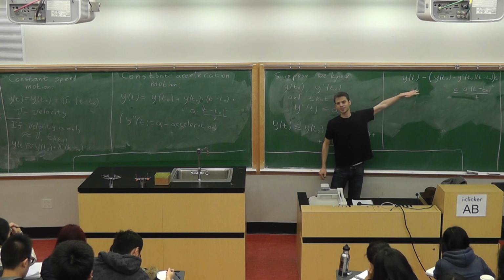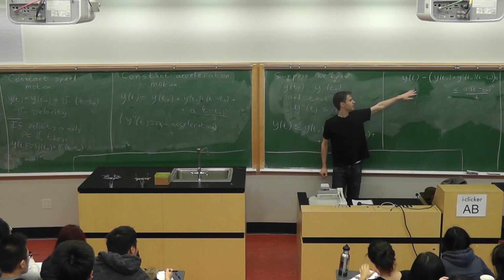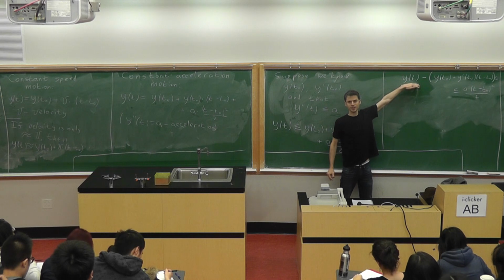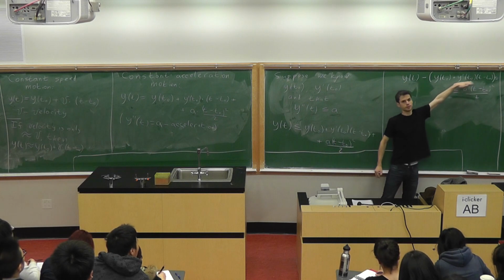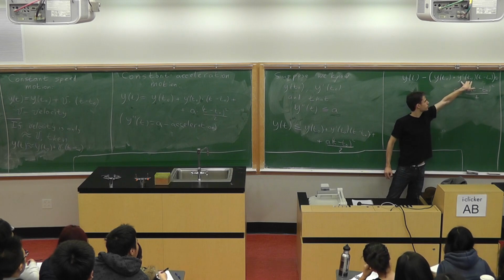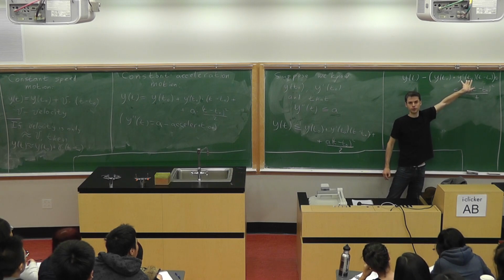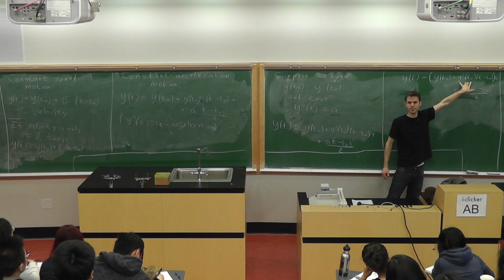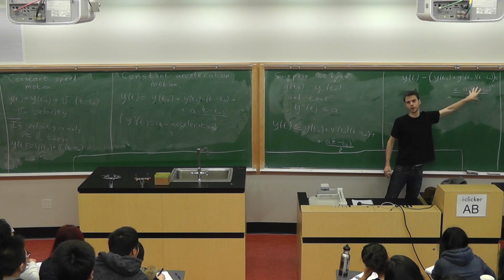Let's read this not in formulas but in words. The actual position differs from the position that we would get from linear approximation, or from approximation with constant velocity, at most by that much.